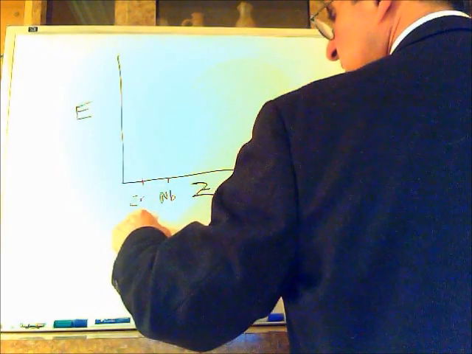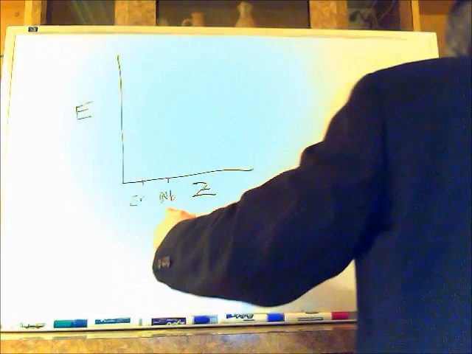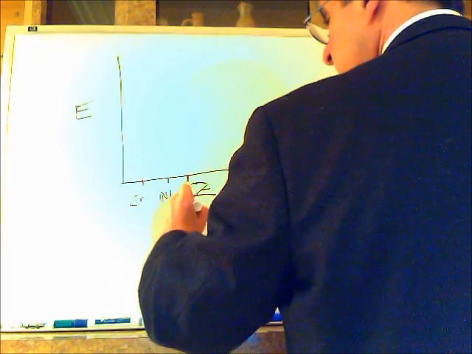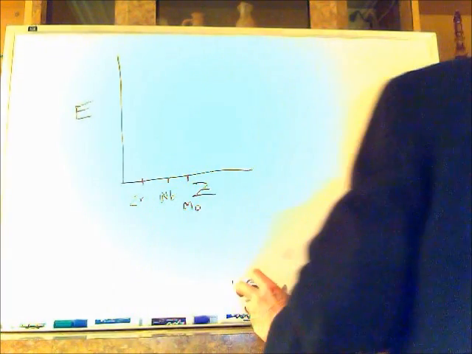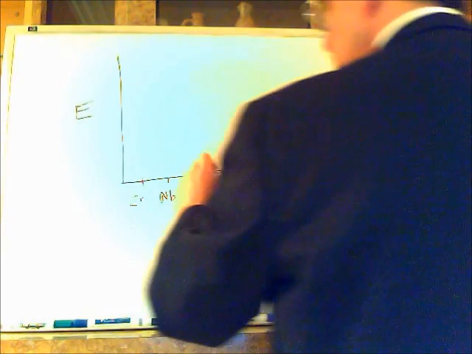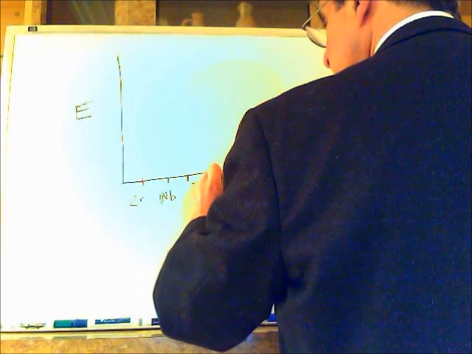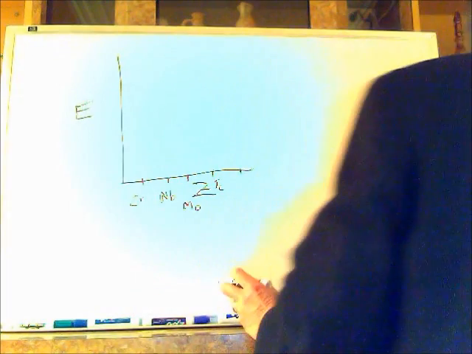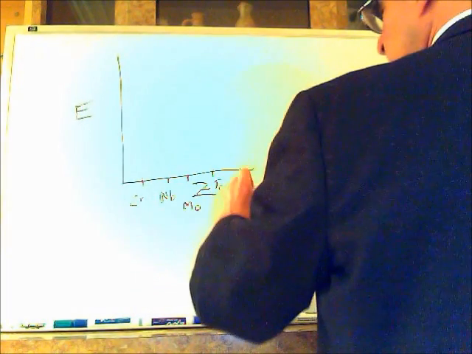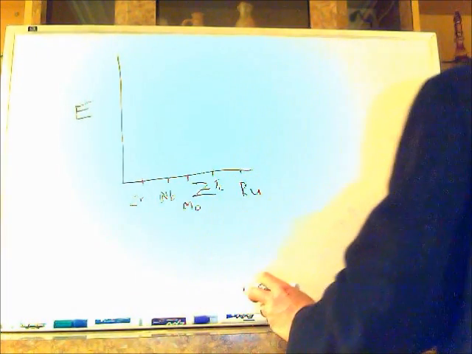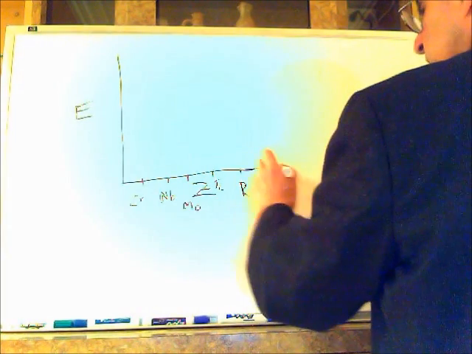So this is atomic number 40, 41, 42 is molybdenum, 43 is technetium, 44 ruthenium. This is the stable one. And then we've got some higher ones: rhodium, palladium, and silver.